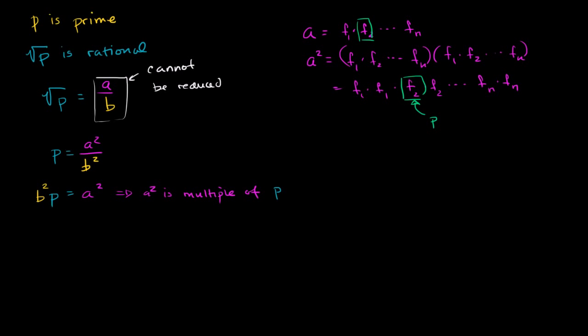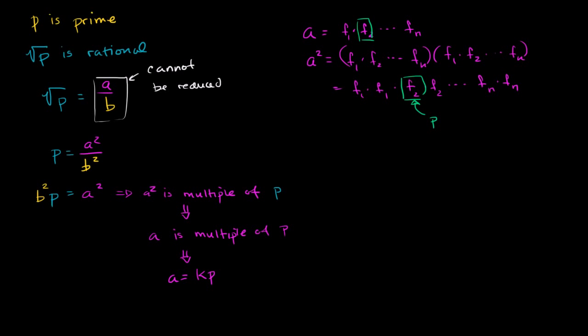So this allows us to deduce that a is a multiple of p, or another way of saying that is that we can represent a as being some integer times p. Now, why is that interesting?